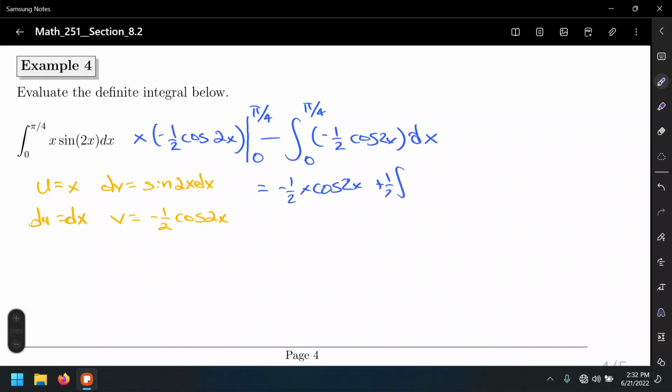Plus the 1/2 the integral 0 to pi over 4, and that's cosine 2x dx. So negative 1/2 x cosine 2x from 0 to pi over 4.